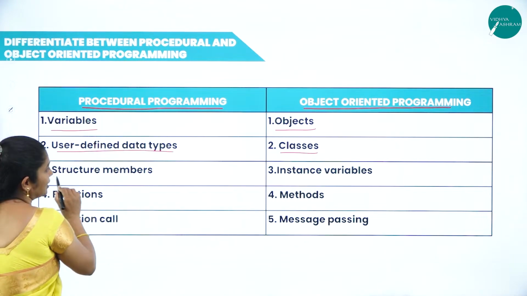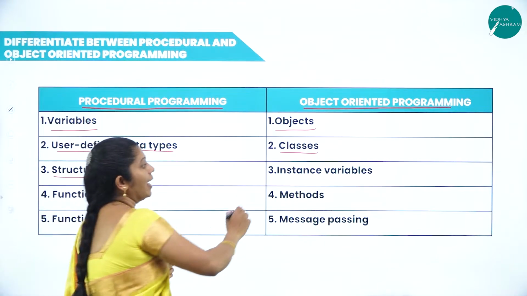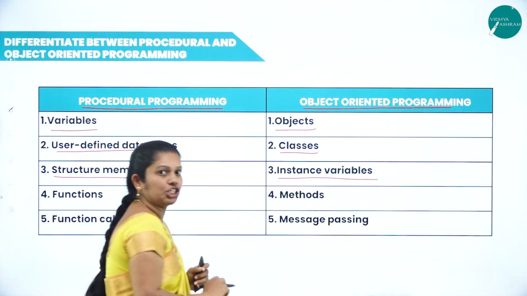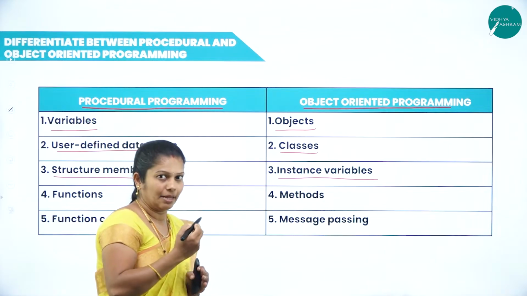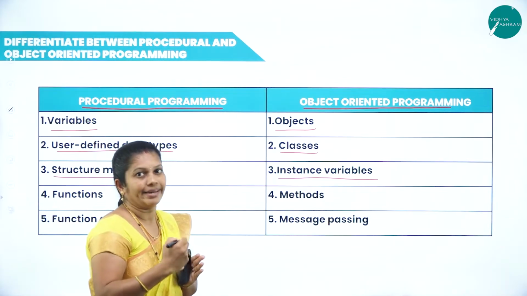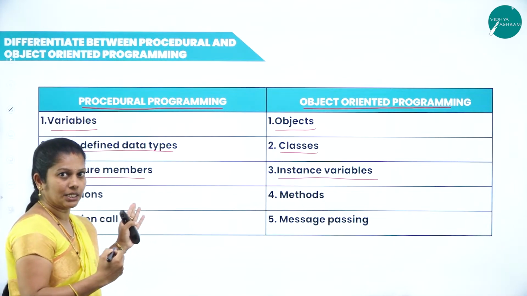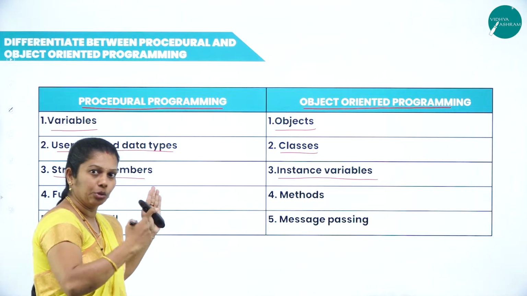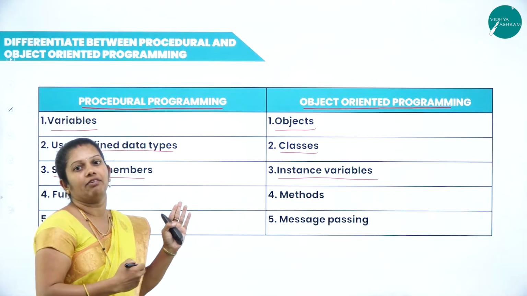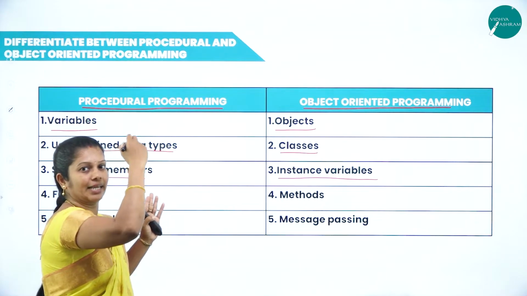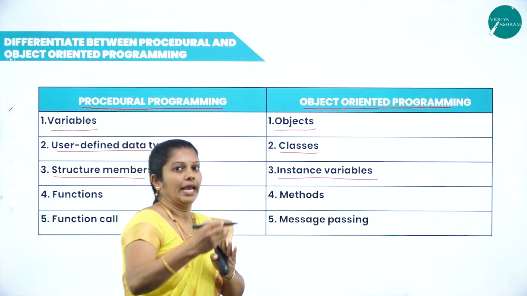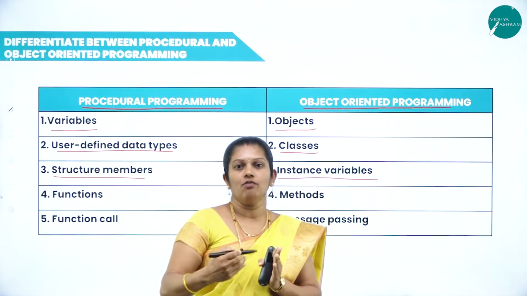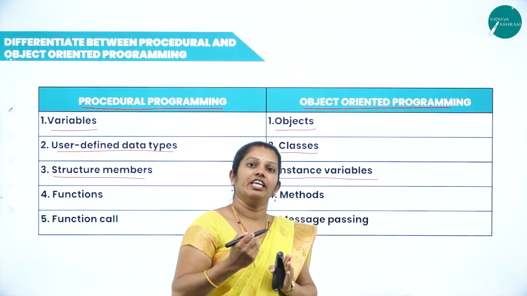And here there are structure members, whereas here instance variable declaration is possible. What do you mean by instance variables? For example, in procedural, if I forgot to declare any variable, then I must declare all the variables required for the program at the beginning, at the time of declaration only. Whereas in object oriented, wherever we want, at that time we can declare the variable and work on that.